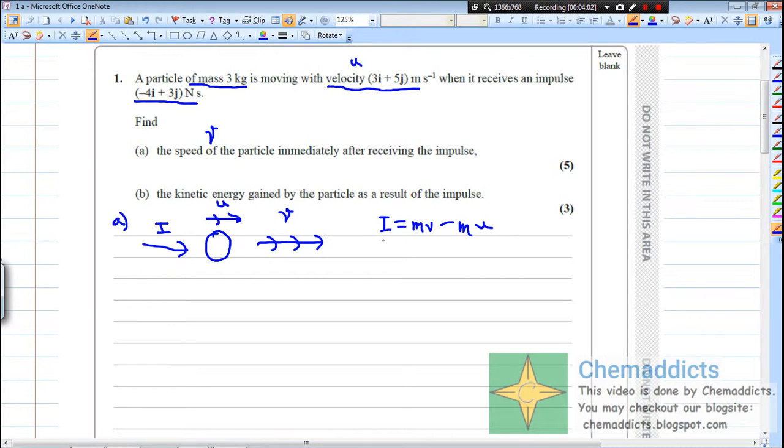Why are we using this equation here? That's because we know the impulse, the initial velocity and the mass, so we are able to find the final velocity. Let's take m as common: m times (v minus u).